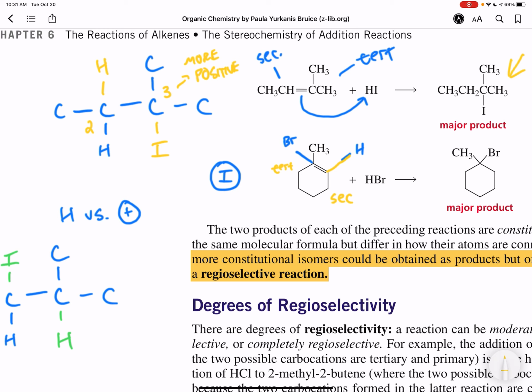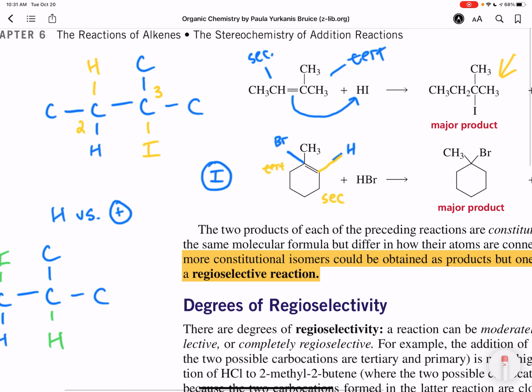Let me think about this for a second. It's going to make something more positive. That actually doesn't make logical sense as I'm talking about it. So let's abandon that train of thought. Iodine would make it more unstable.